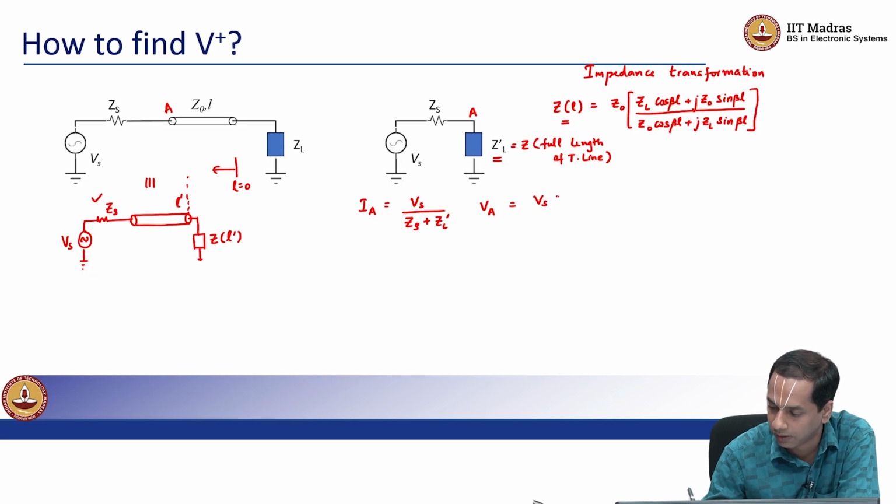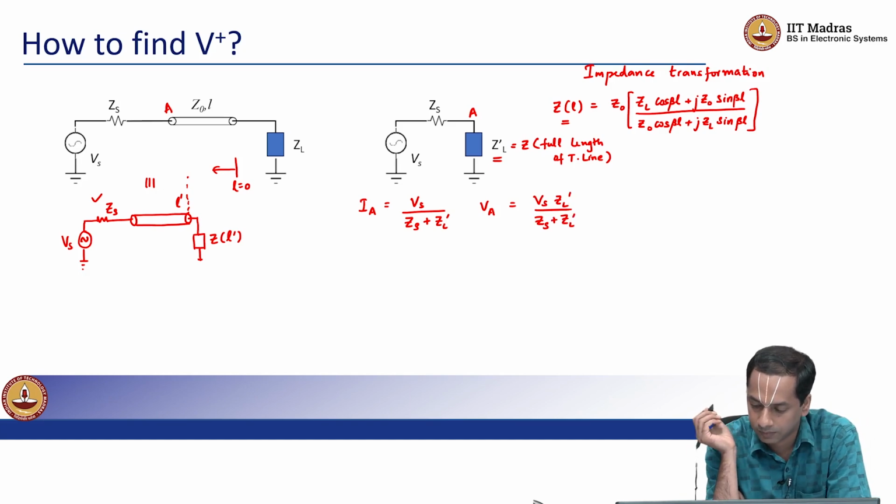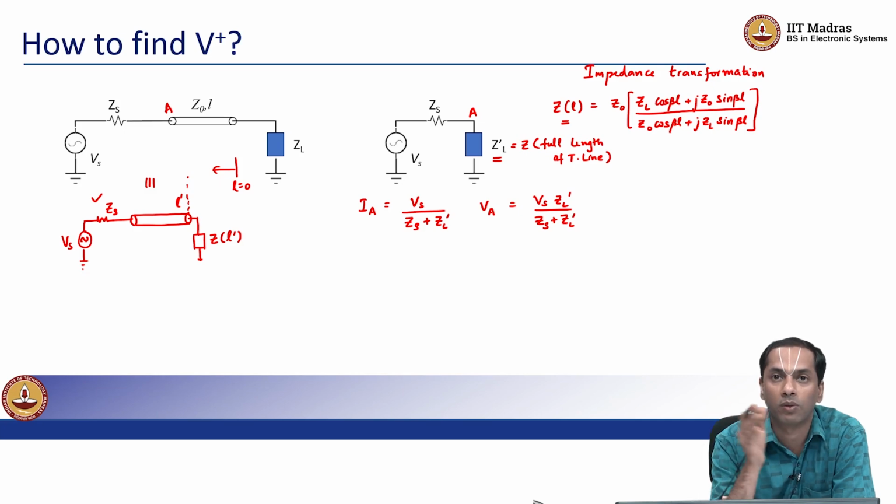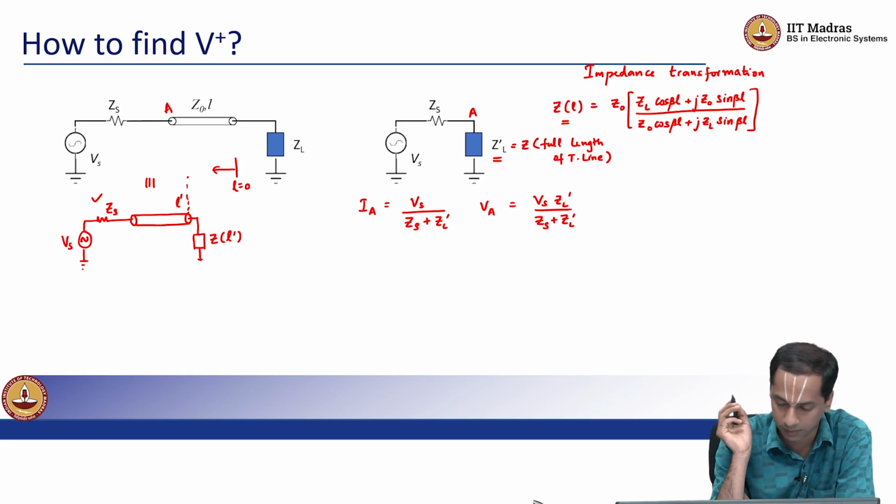So that's Vs times ZL prime divided by Zs plus ZL prime. Okay, so you can essentially estimate Ia and Va in any problem that you are given. Once you transform the impedance to the generator, then you can use your simple circuit laws, right.